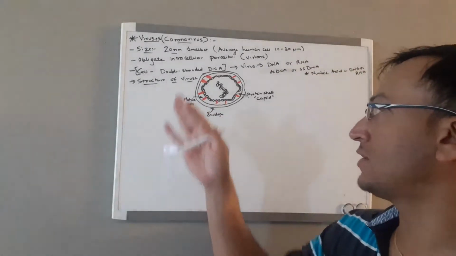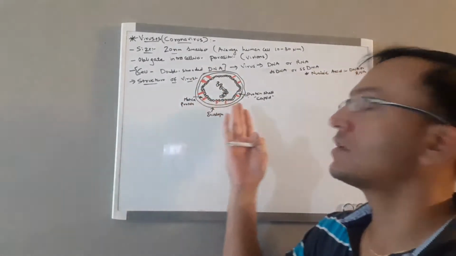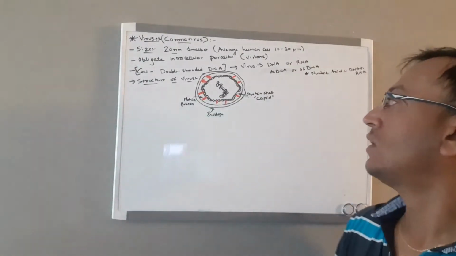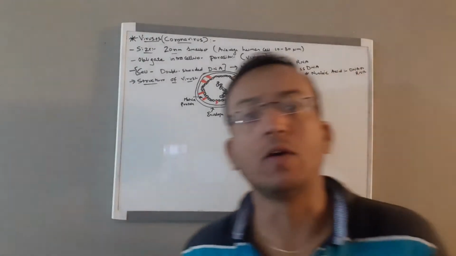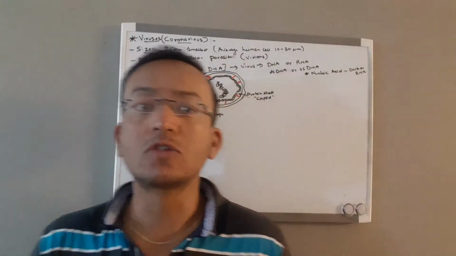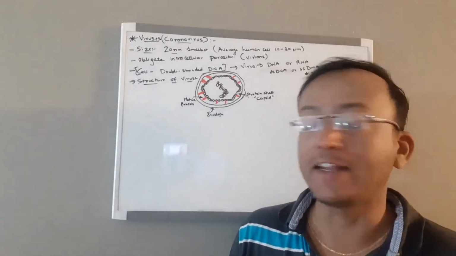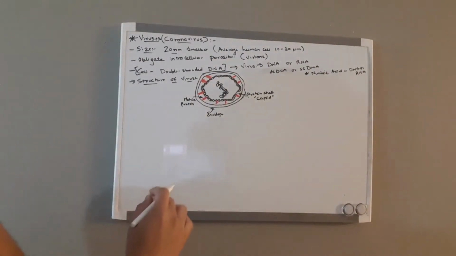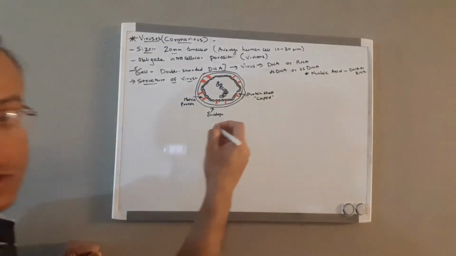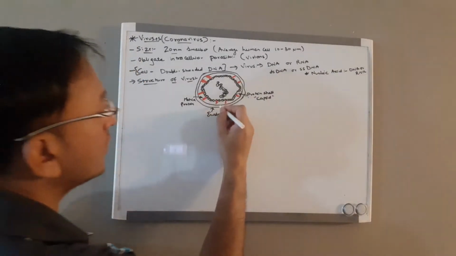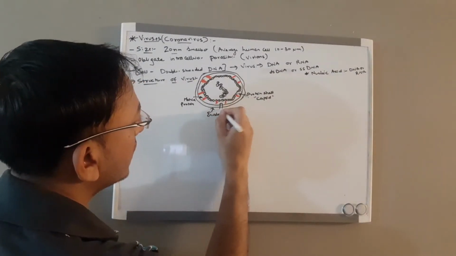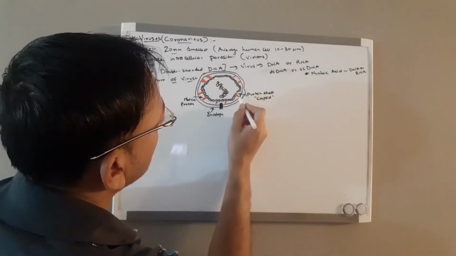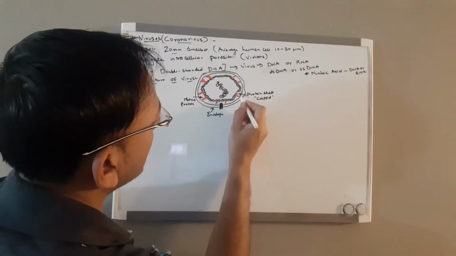And as I mentioned, if it does not have an envelope, it is just called the naked virus or non-enveloped virus, right? And each virus also possesses a virus attachment protein. Maybe I can draw here.